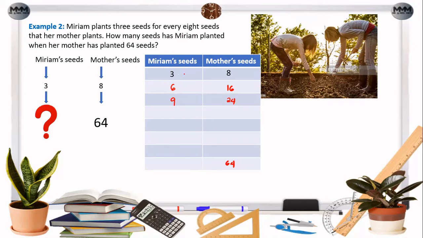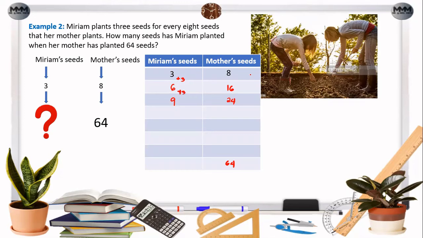So in the first column, the entries are multiples of 3. 3 times 1 is 3, 3 times 2 is 6, 3 times 3 is 9. Or we can just add 3 from our previous entry to get the next entry. So 3 plus 3 is 6. If we add 3, we get 9.